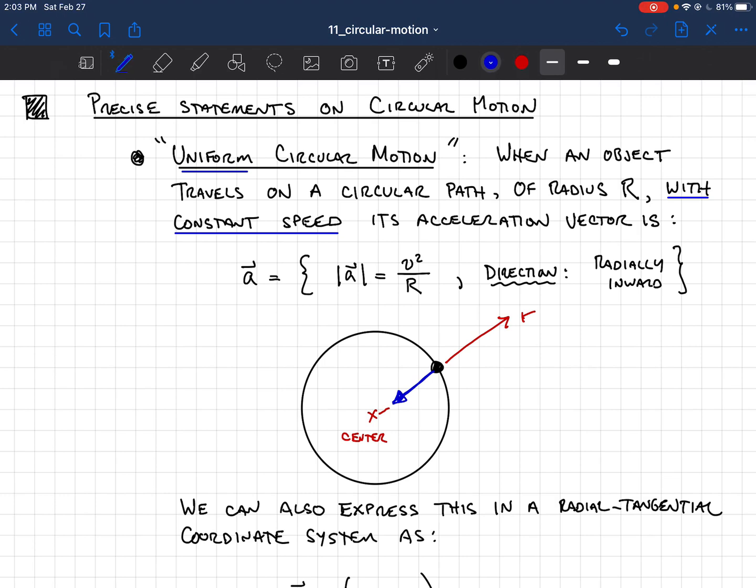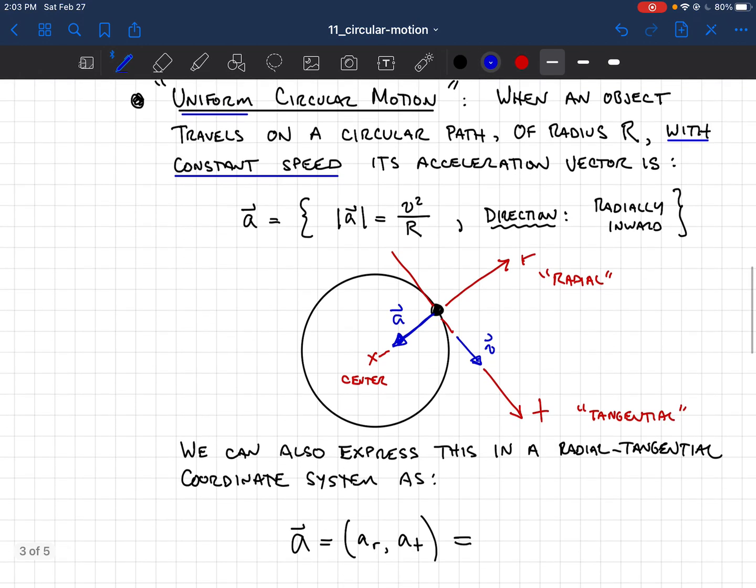If this object is traveling in this direction, if its velocity vector goes like that, then we call this perpendicular direction the tangential direction. So this is tangential, and the other axis is radial. We can specify the acceleration vector's components in terms of that coordinate system.